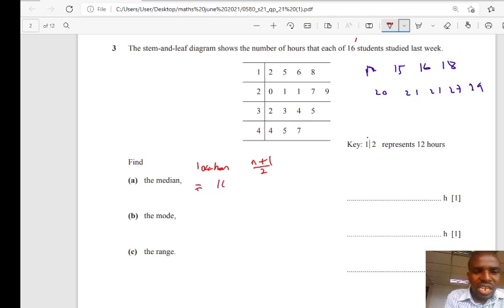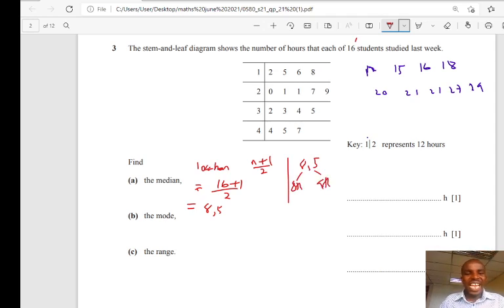So it says 16 plus 1 over 2, which is 17 divided by 2, what do you get? 8.5. It means the median is between the 8th and the 9th terms. That's where you can find the median.